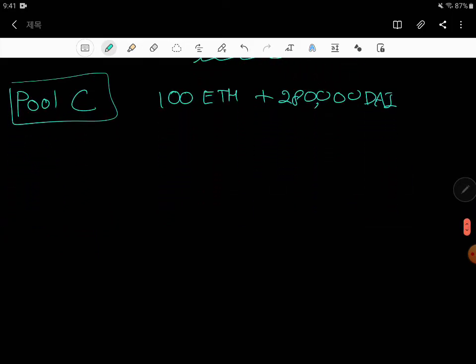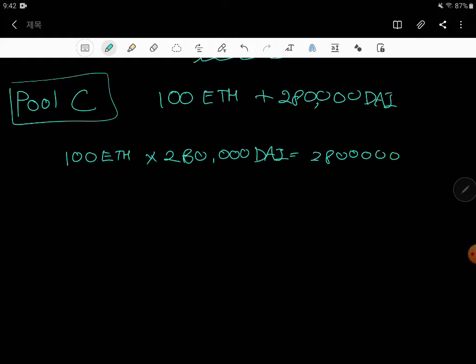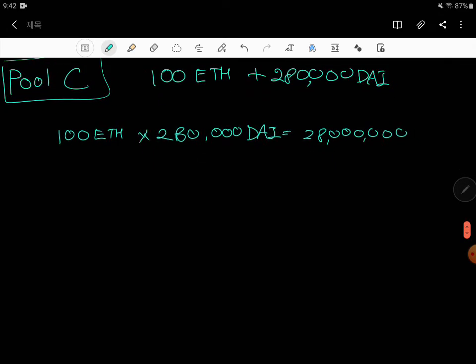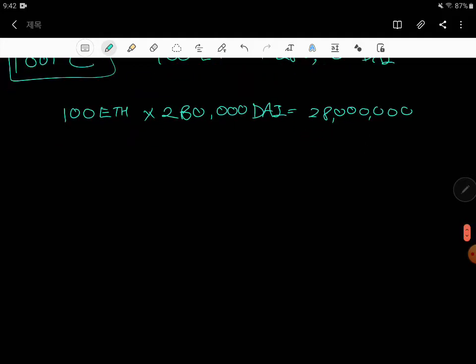Okay, so constant function: 100 times 280,000 DAI equals 28 million.